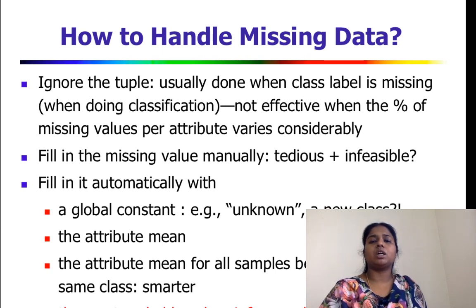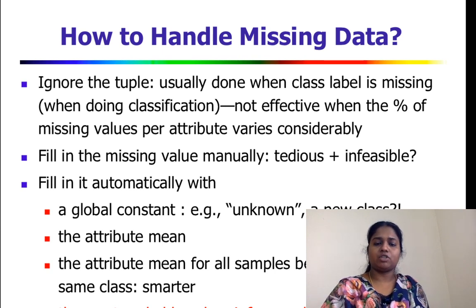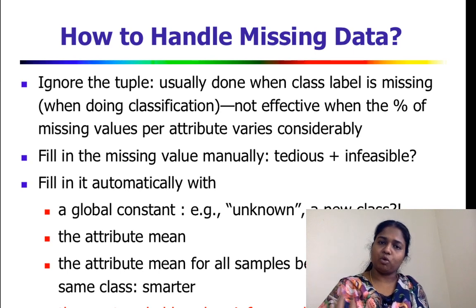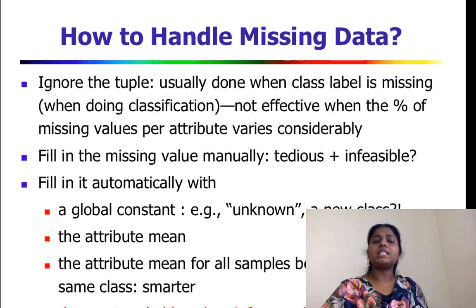But the most effective way is to find the most probable value and fill that empty space with it. This can be done by using Bayesian formulas and decision trees.